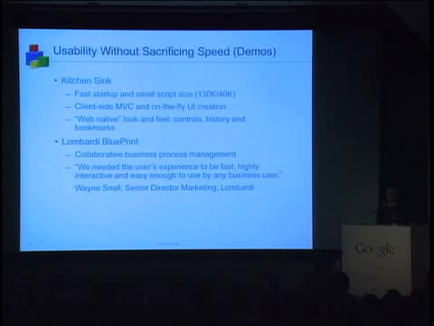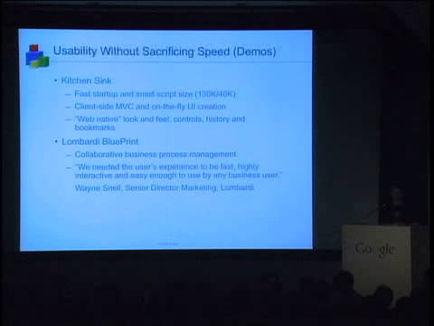The other example I would like to show you was not made by Google. It was made by a company called Lombardi Software, and they created Lombardi Blueprint, which is high-power, collaborative business process management tool.